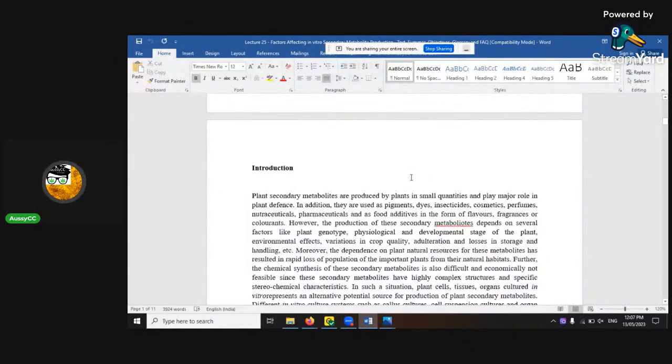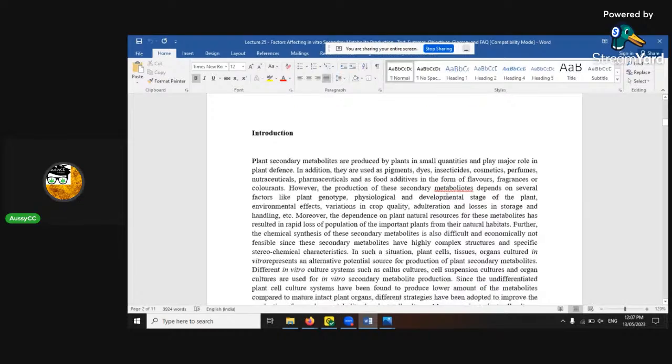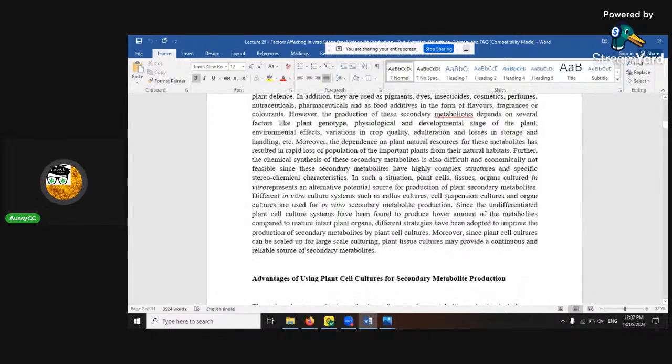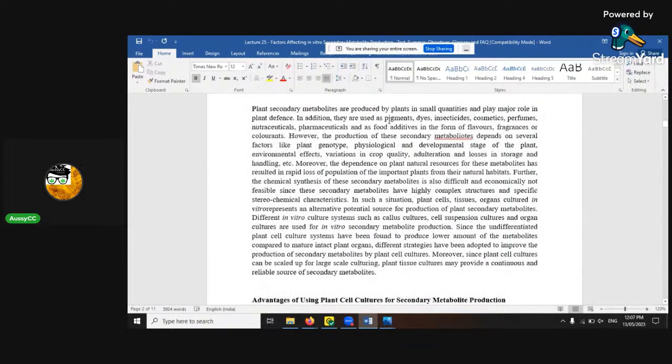Plant secondary metabolites come in small quantities but play a major role in plant defenses, as I've previously explained. In addition, they are used for pigments, dyes, insecticides, cosmetics, nutraceuticals, pharmaceuticals, food additives, flavors, fragrances, all sorts. So they're so beneficial. So not just for us to consume, they're also good for the environment, for our daily uses of things.